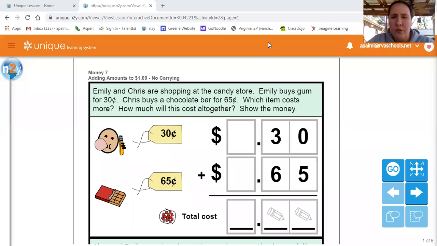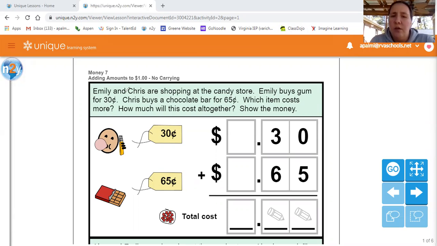And the first thing I'm going to do is I want to underline important parts in my word problem. So I'm going to read my whole word problem through, and then we're going to work on underlining important parts, okay? Emily and Chris are shopping at the candy store. Emily buys gum for 30 cents.